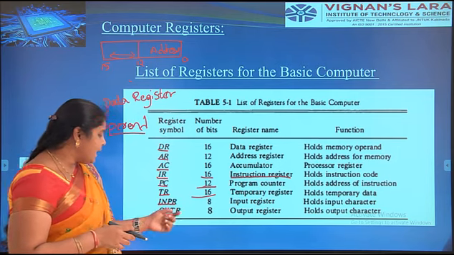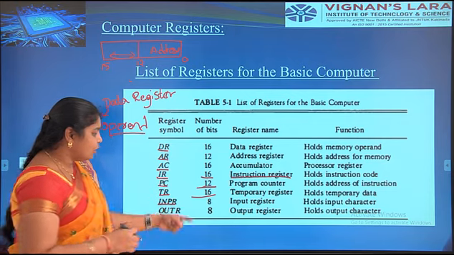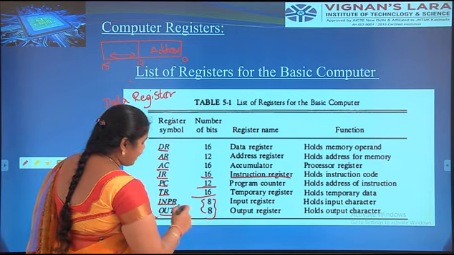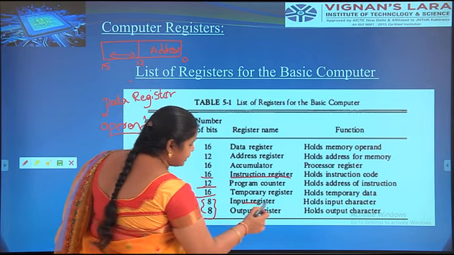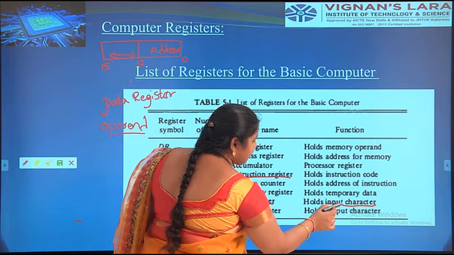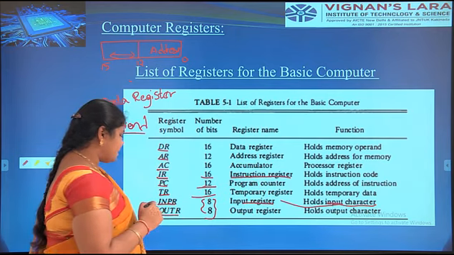Next, INPR and OUTR each hold 8 bits. INPR means input register. It holds the input character that comes from input devices.